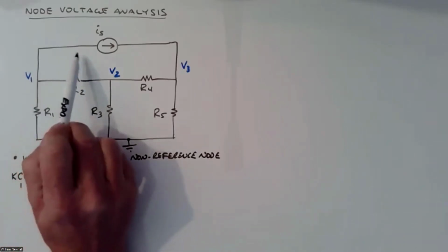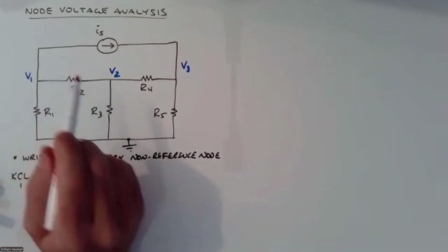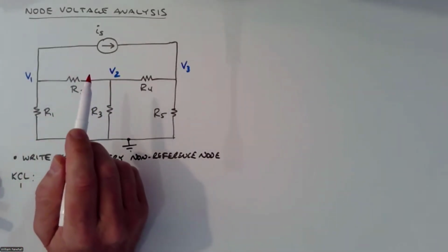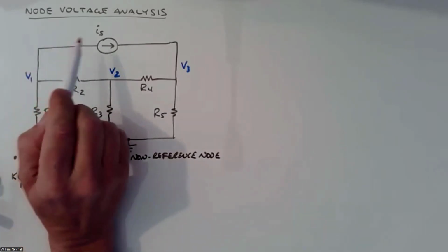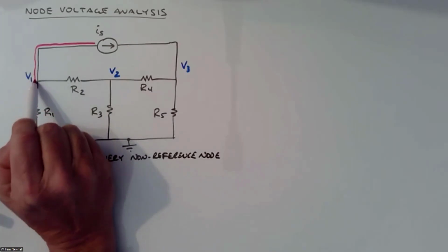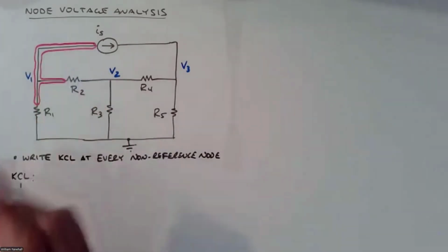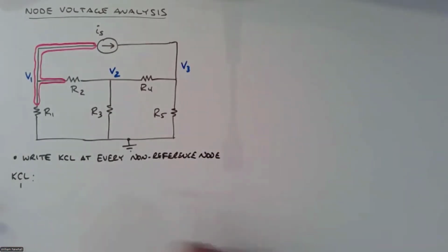KCL1 I'm defining as the Kirchhoff's current law equation that I'm going to write at the node corresponding to V1. Okay. So remember that a node is the entire connection between circuit elements, right? So that's node 1.